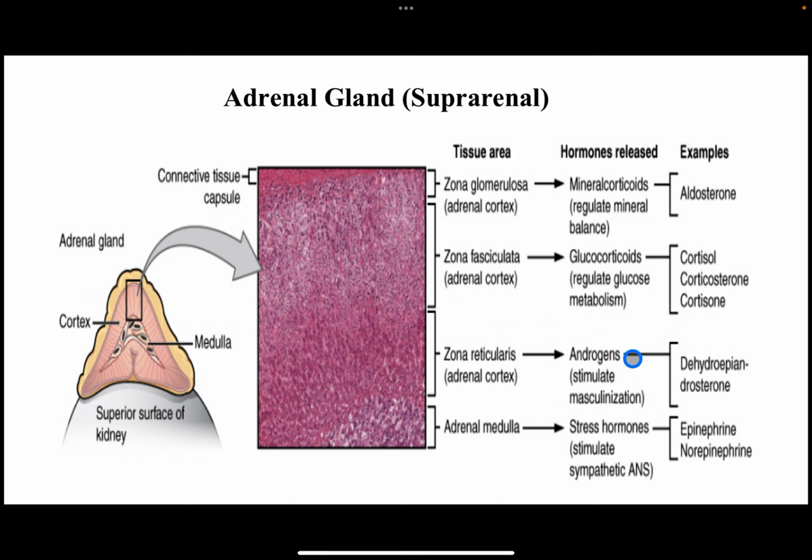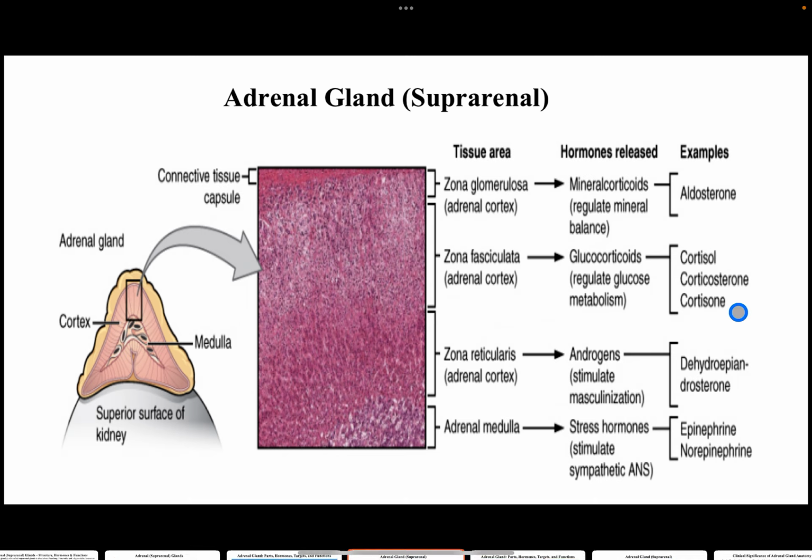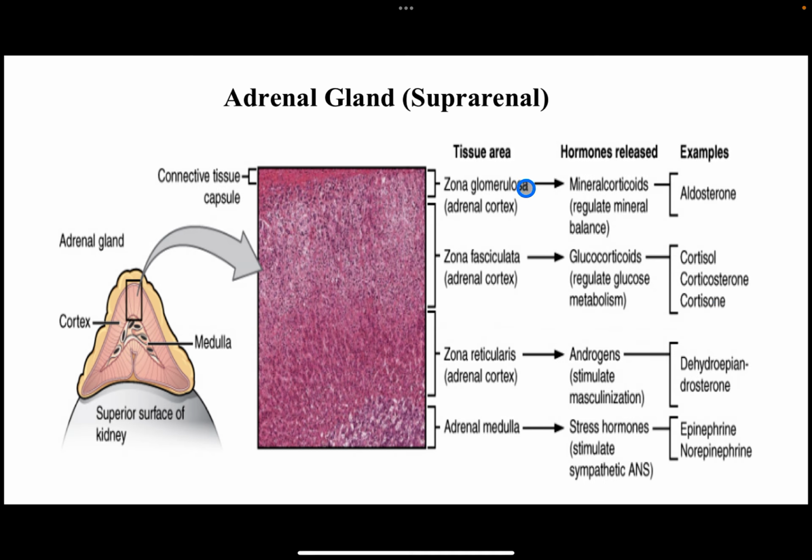And then the zona reticularis produces the androgens, dihydroepiandrosterone. Okay, and then we have the zona fasciculata, which produces the corticoids, which regulate glucose metabolism. So they produce the cortisol, cortisone, and corticosterone. Then we have the zona glomerulosa, okay, which is the outermost zone. They produce the mineralocorticoids that regulate mineral balance, minerals like sodium and potassium.